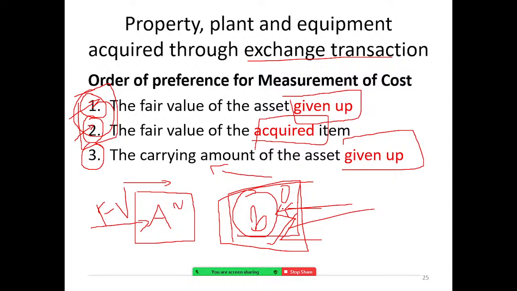So if the entity does not have the fair value of B or of A, then they have to choose the carrying amount of asset B, which is book value minus accumulated depreciation, right?